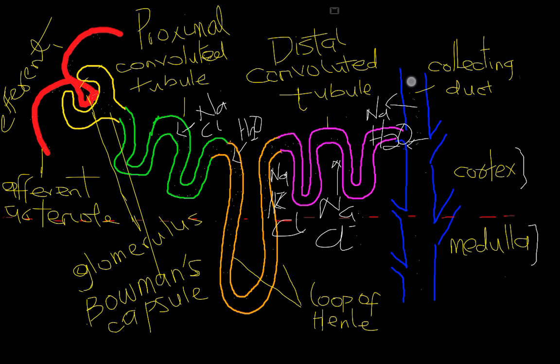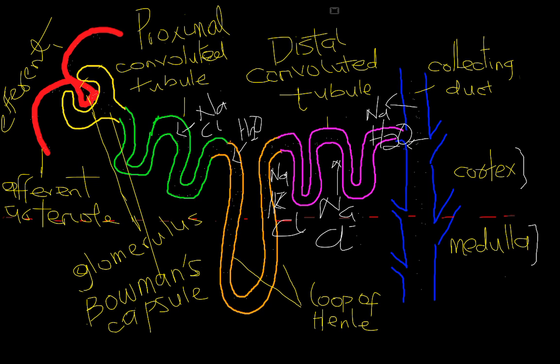Okay, the filtrate that gets to this place now contains waste. Some waste, some urea, can also be secreted into the filtrate as it goes through the entire length of the tubule. The waste that the body does not need is secreted into the filtrate while it is moving within the tubule.